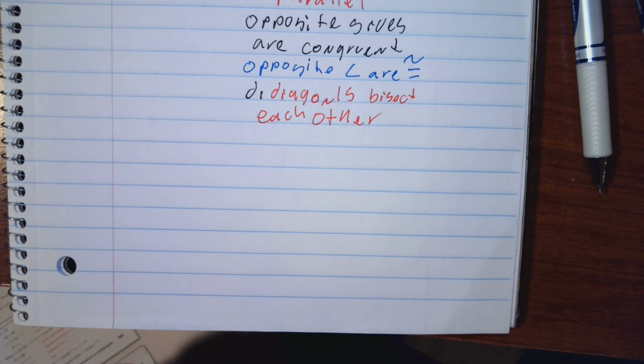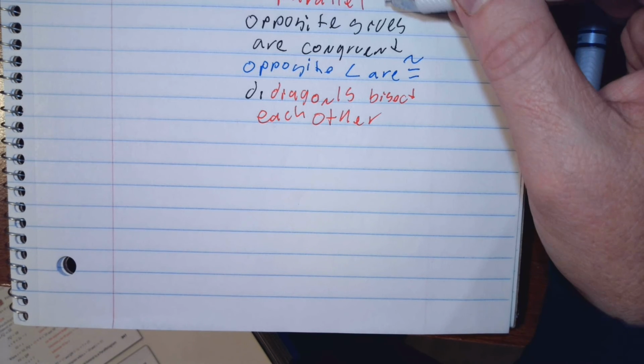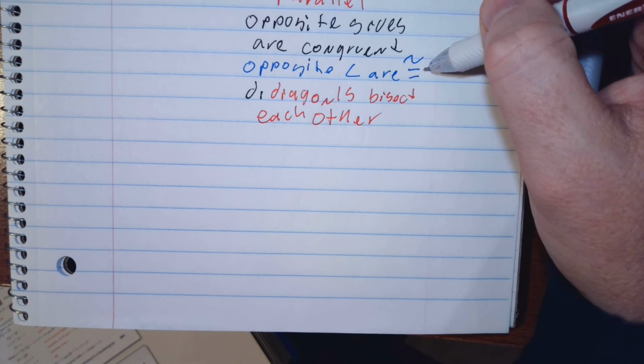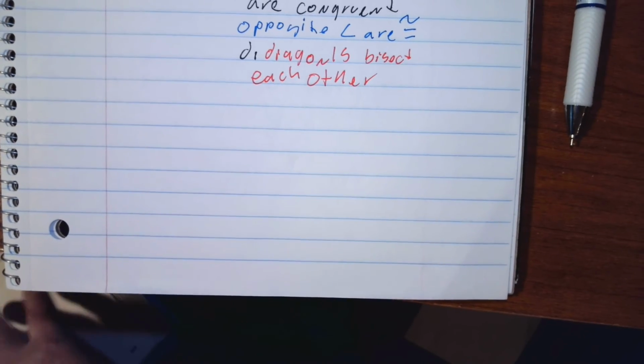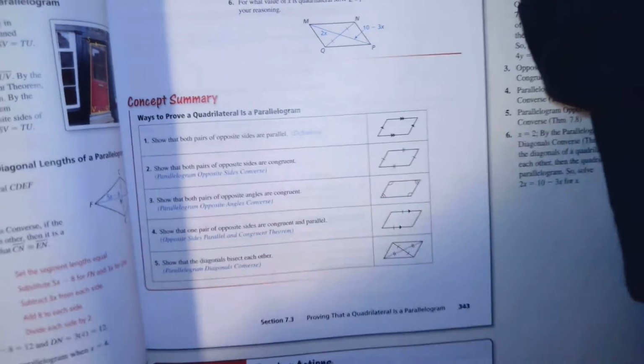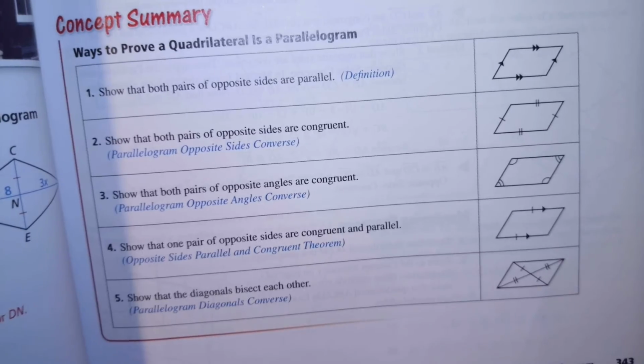There's a really good summary after you write down your notes, and it does have the parallelogram opposite angle converse and parallelogram opposite sides converse. So basically, for opposite sides and opposite angles, the converse is also true. In your book, I really like this right here. This is page 343.